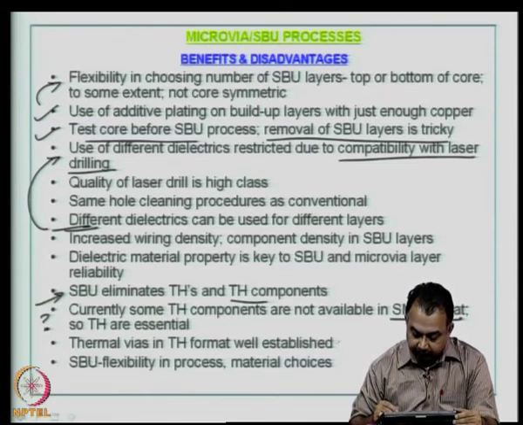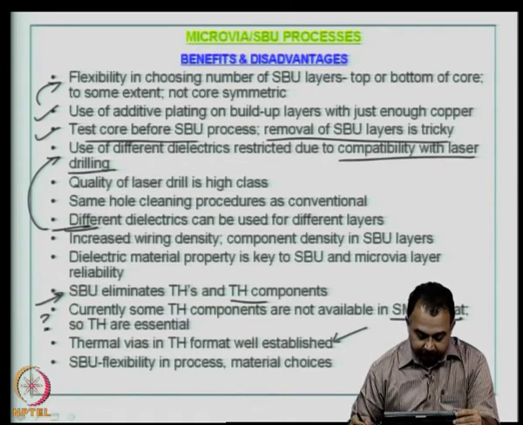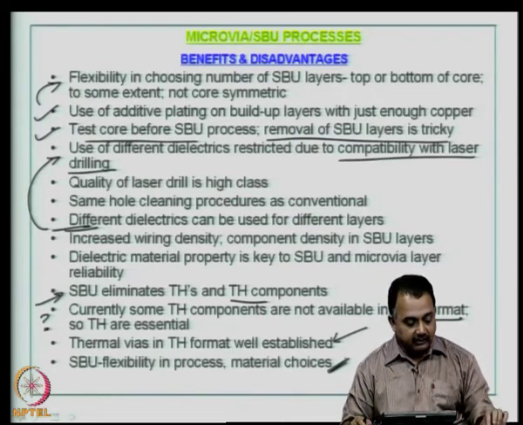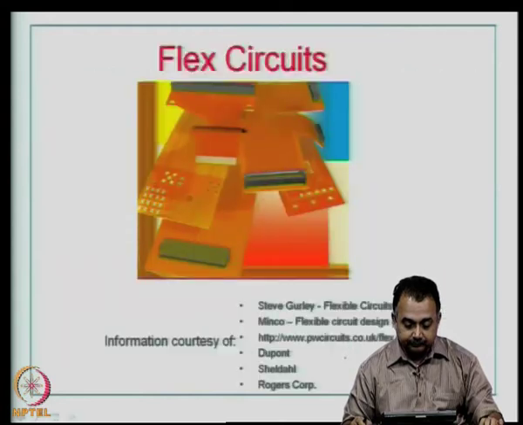So, this is a debatable issue, it goes by design to design. SBU has a flexibility in the processes and the material choices, which is sort of a conclusion based on all the points that we have discussed so far.